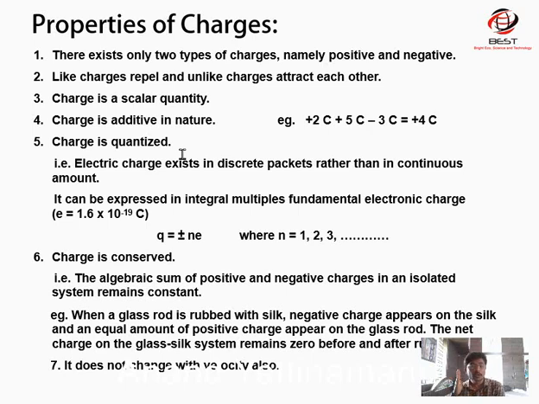We can't split the student into parts. That means charges can be transferred from one body to another body as a whole, not as part of the charge. This is nothing but charge is quantized.